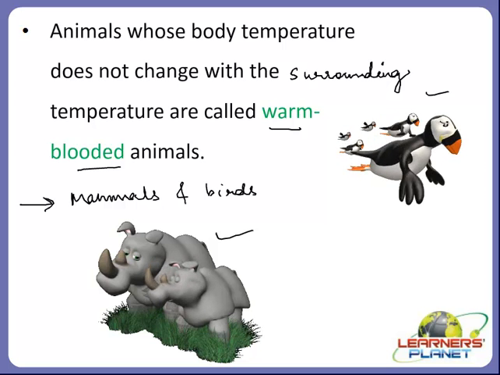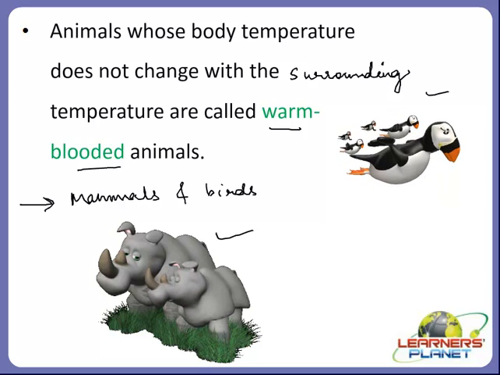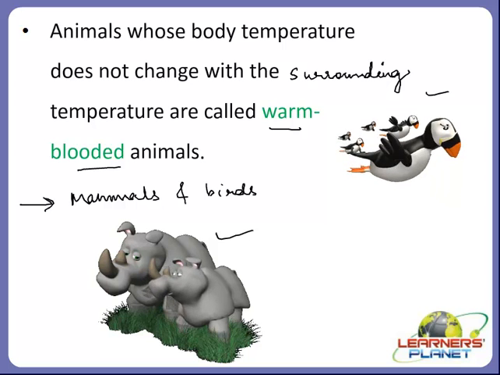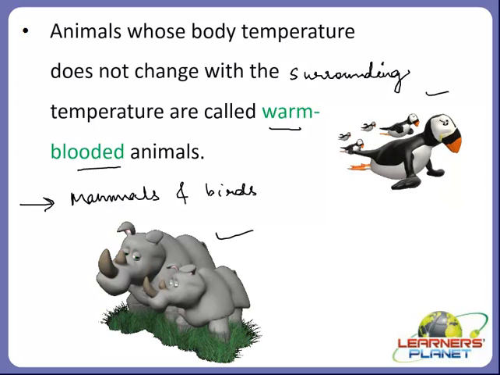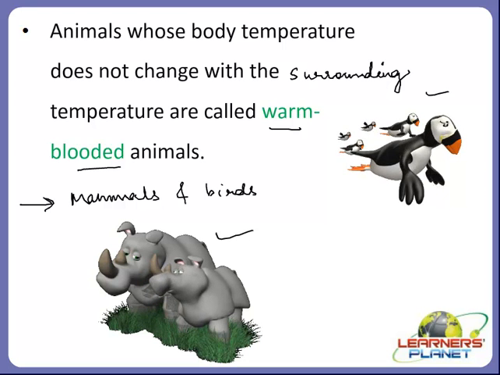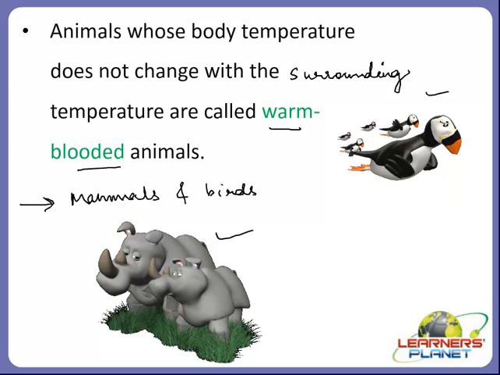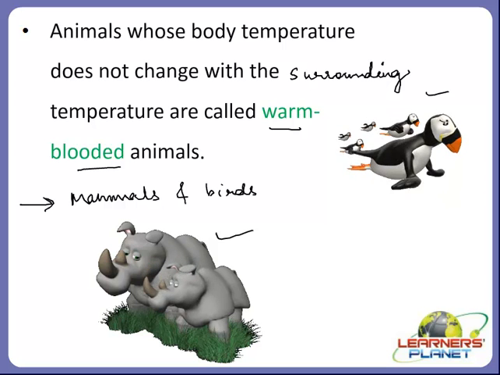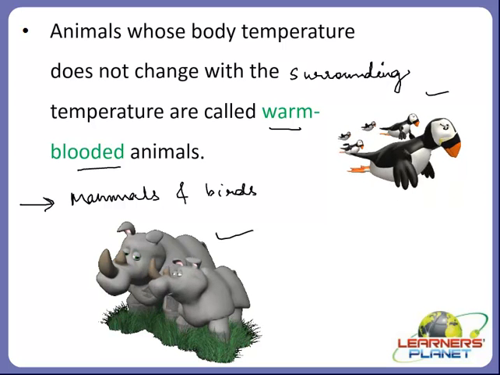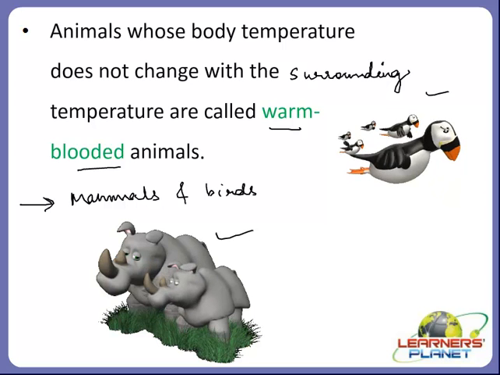Extreme temperatures means the areas that are too hot or too cold, such as deserts and the Arctic regions or the snow regions, where there is snow and ice. Their body temperature does not change with the surrounding temperature. And so we can say that warm-blooded animals can survive in areas having extreme temperature.